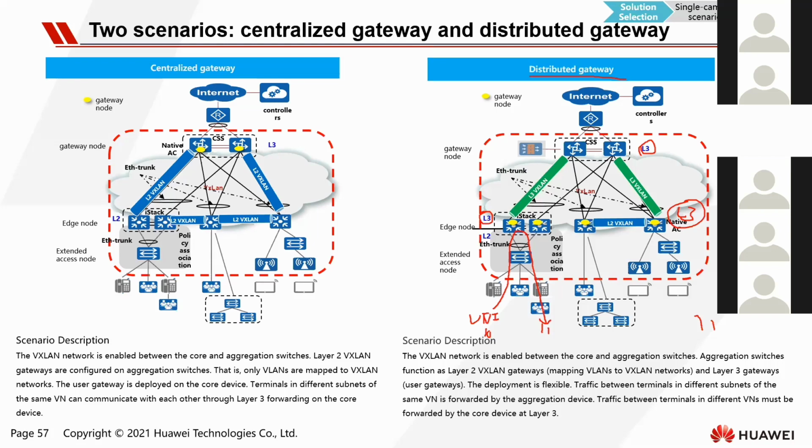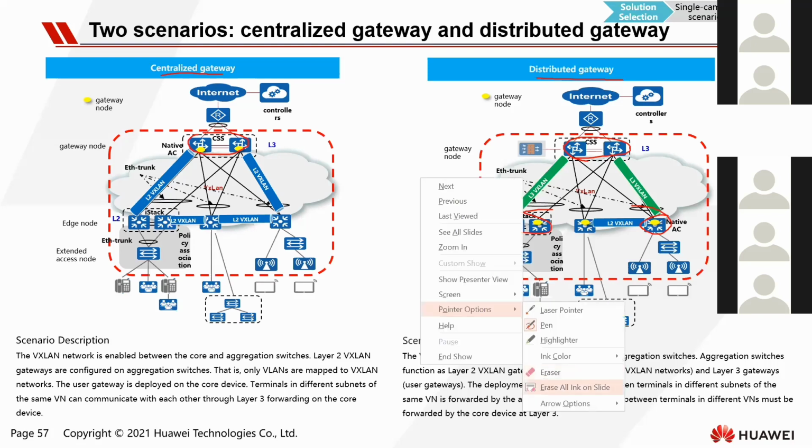However, if it needs to communicate with VNI 11 located at another location, only then will it pass through the border and come back to this device. So the main difference is that the centralized gateway is centralized on the border, while for the distributed gateway the Layer 3 gateway is on the border and on the edge. These are the two main differences between the two scenarios.